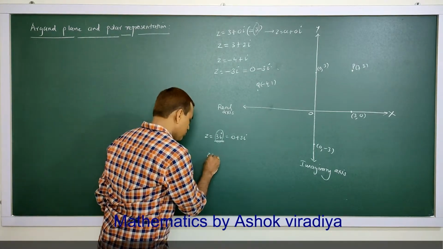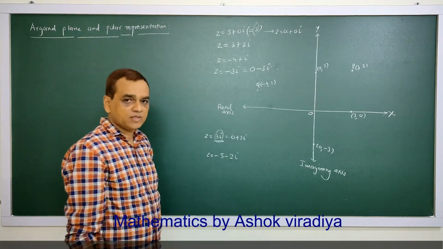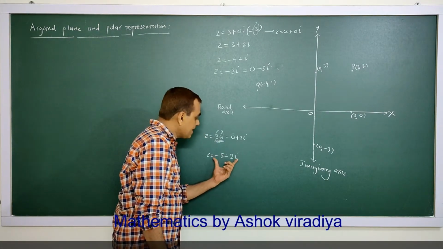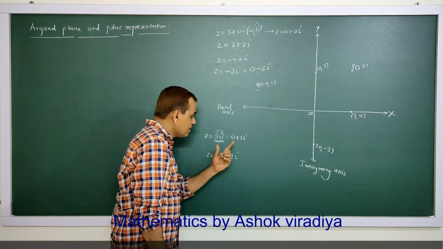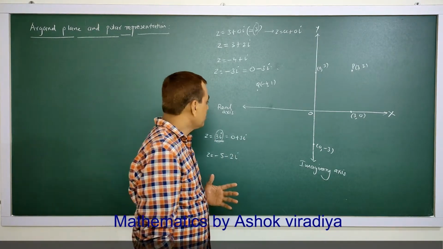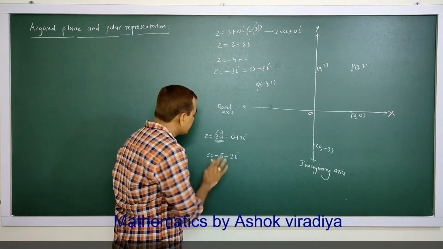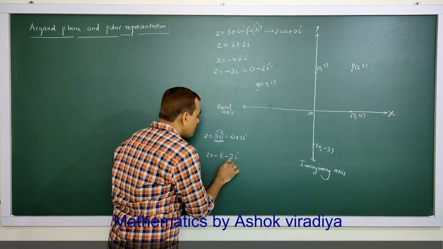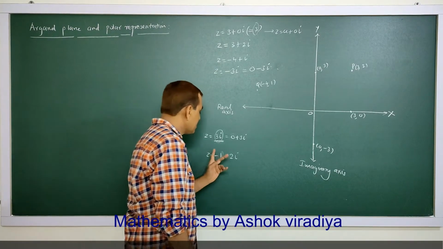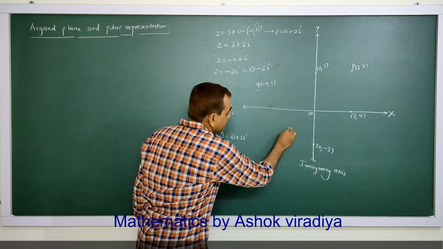If z equal to minus 5 minus 2i, this complex number can be related with the point in this coordinate plane (minus 5, minus 2). So (minus 5, minus 2) will be in the third quadrant. If suppose I take here minus 1 minus 2i, the point corresponding to this complex number is somewhere here.